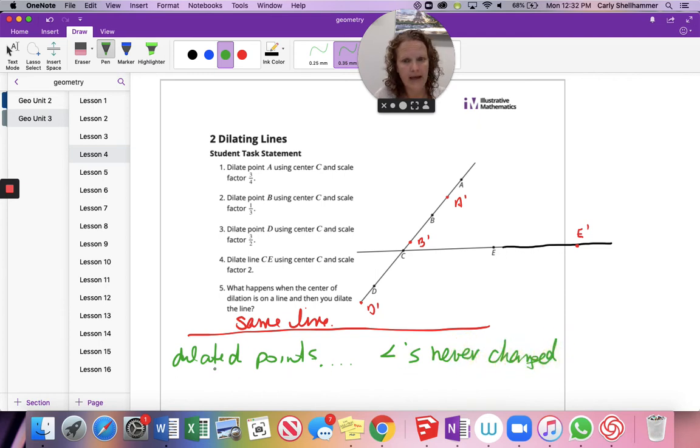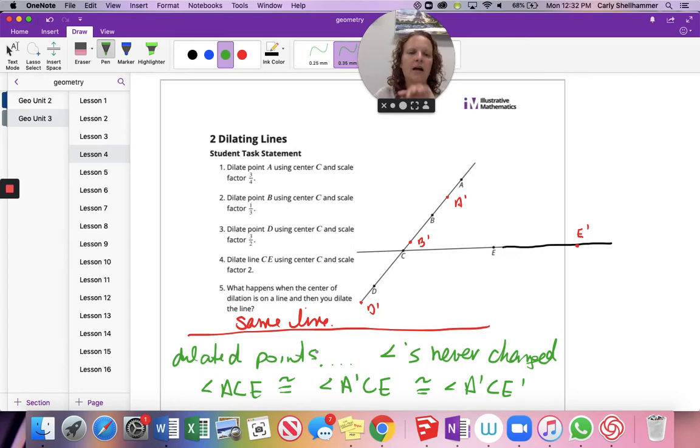So if I look at angle ACE and angle A prime CE, or even angle A prime CE prime, they are all congruent. Okay, it didn't change the angle at all. And what happens when the center of dilation is on a line and then you dilate the line, it is the same line because lines are infinite forever.